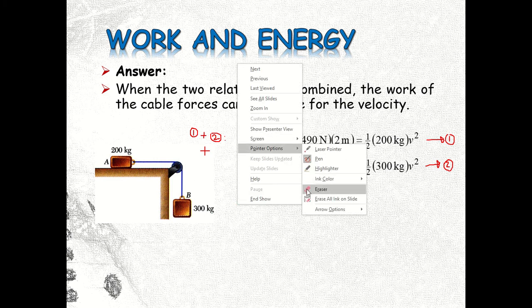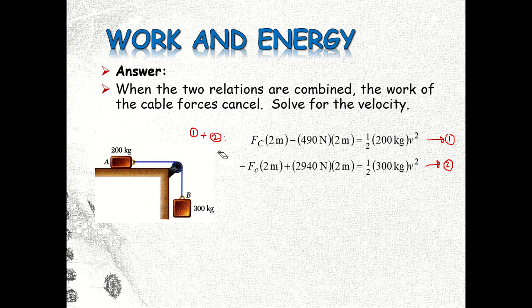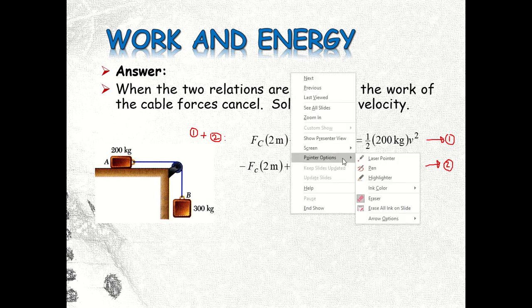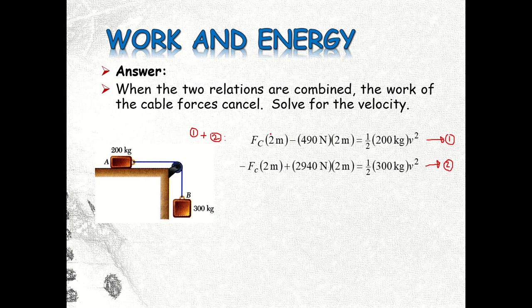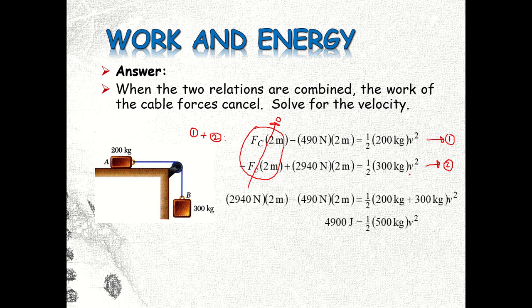So the term that contains Fc will become 0, because when you add this Fc times 2 meters plus this one, this is negative, so this becomes 0. Okay, so in other words, the combination of these two becomes 0. And then you combine this one, so you have only the unknown variable, which is v, the velocity.